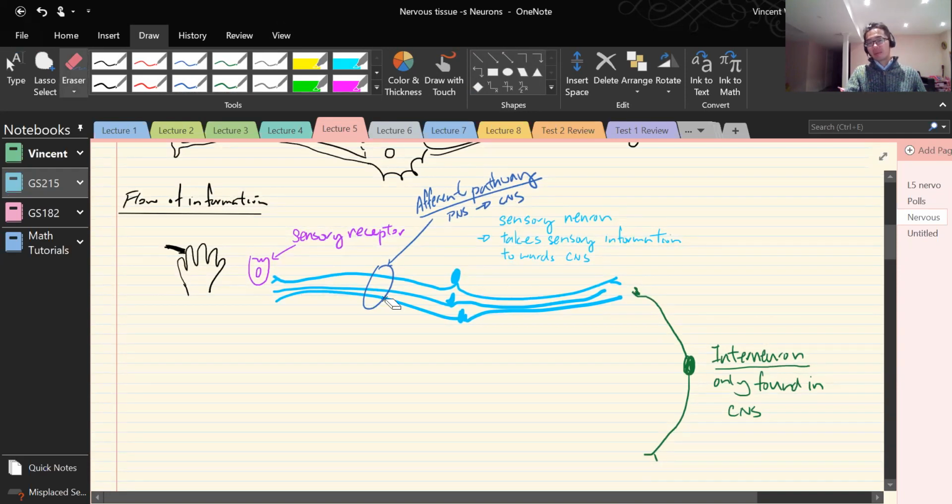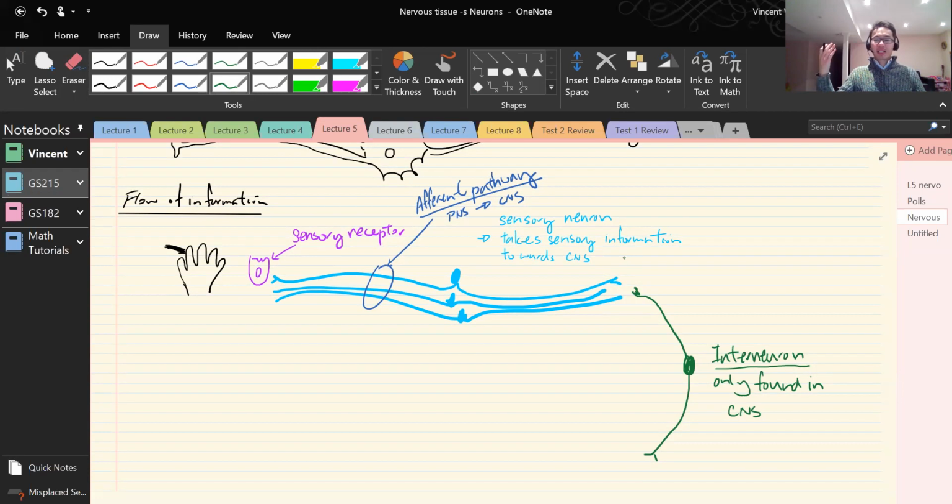So what it does is it will integrate the sensory information. This is a very simple pathway, just one piece of information coming in. But there could be multiple pieces of information coming in. Think about walking on the street. So many different senses are coming in. You have to see where you're going. Your hearing helps you detect if there's a car coming towards you. And when you're walking, you have to shift your balance left and right.